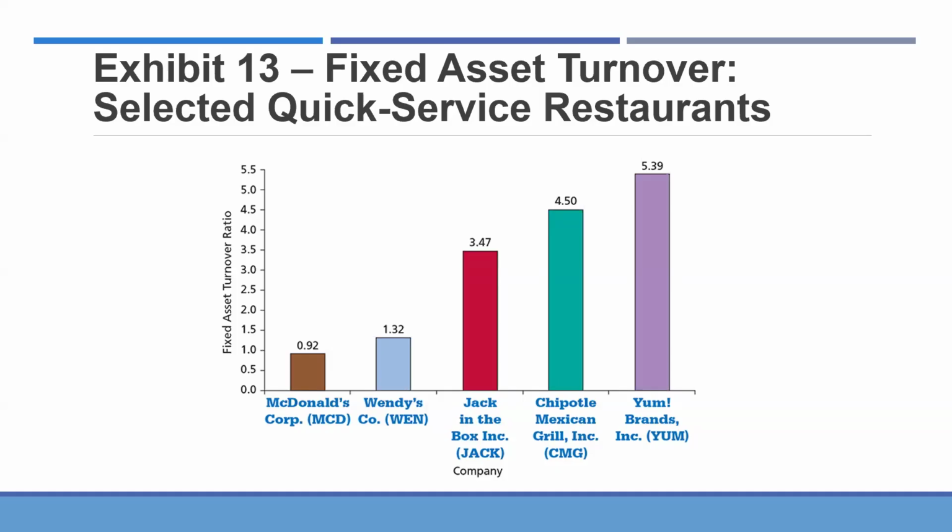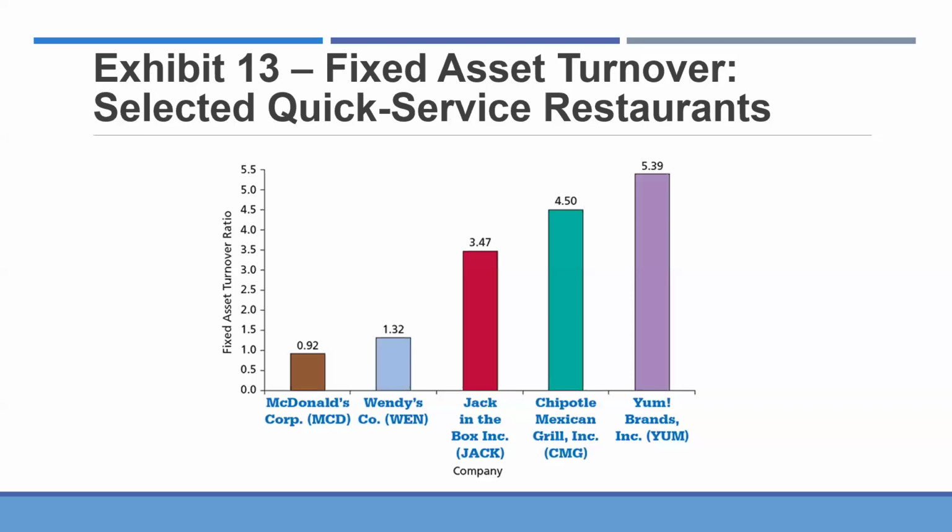And McDonald's owns all the land, and they're receiving the royalties and franchise fees from their franchisees, but a lot of the revenue is in the hands of the franchisees.